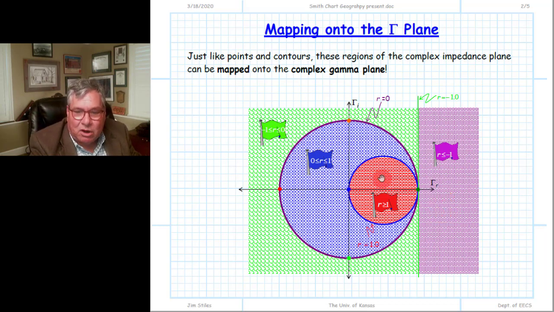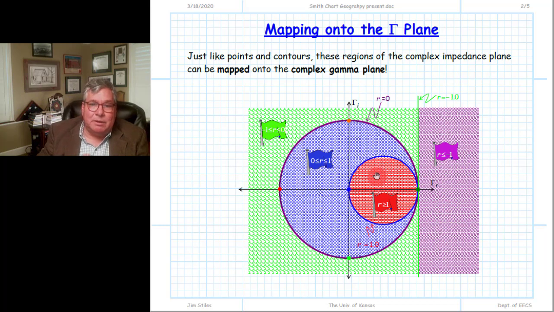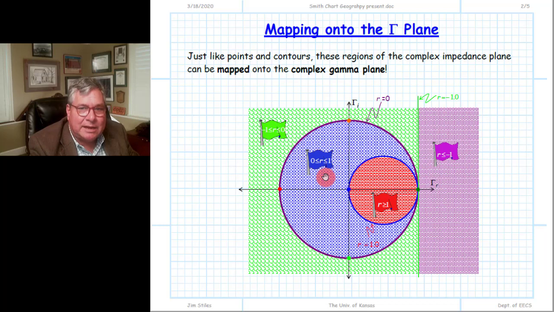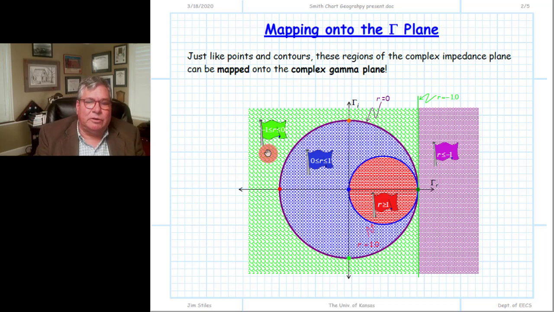The region where r is greater than +1 is inside this blue circle, this red region. The region where the resistance is between 0 and 1 is the blue region here. That's inside of the unit circle, but outside of the red region. And then finally, the region which is all impedances whose resistance are between 0 and -1 lie outside of the unit circle in this green region.